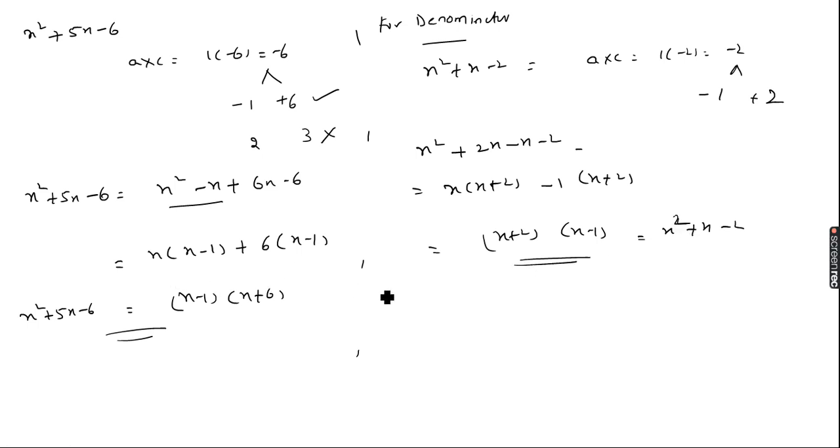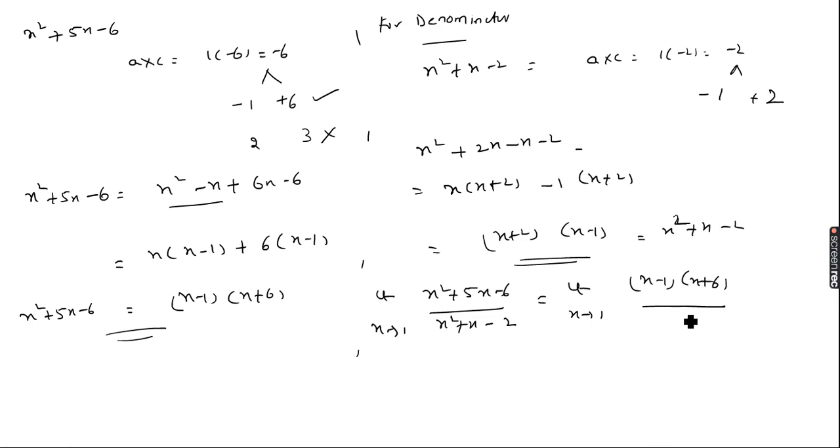So therefore limit x tends to 1, x square plus 5x minus 6 by x square plus x minus 2. So this can be written as limit x tends to 1, x square plus 5x minus 6 can be written as x minus 1 into x plus 6 by, and this is nothing but x minus 1 into x plus 2.